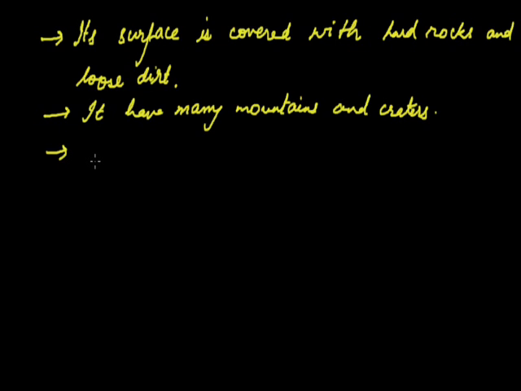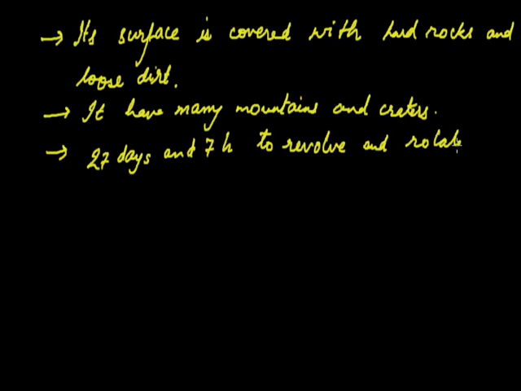It possesses two motions, the rotation on its own axis as well as the revolution around the Earth. It takes 27 days and 7 hours to revolve and rotate around the Earth.